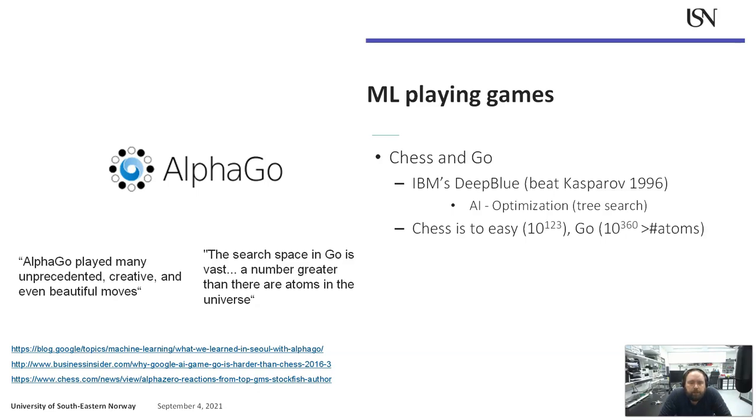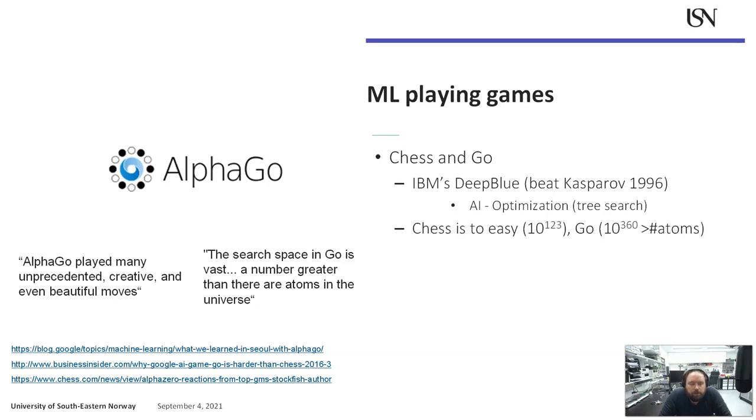And therefore, when they wanted to apply machine learning to strategy games, they shifted focus to Go, which has 10 to the 360 number of possible games you can play. So an enormously larger search space. In fact, this is a number bigger than the estimated number of atoms in the entire universe. So it's an enormously large search space.